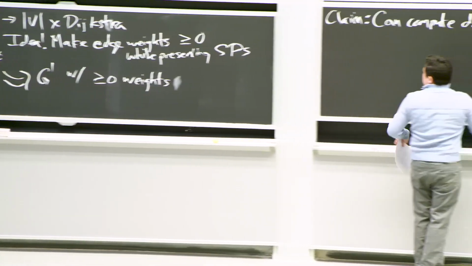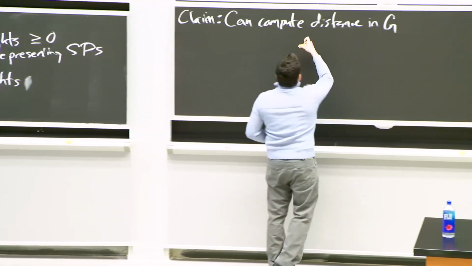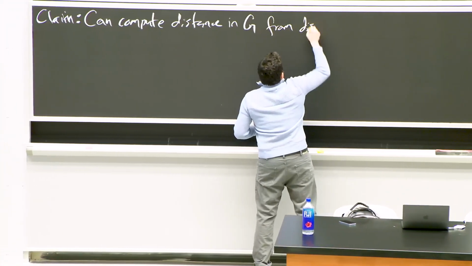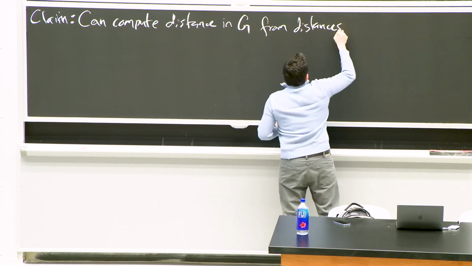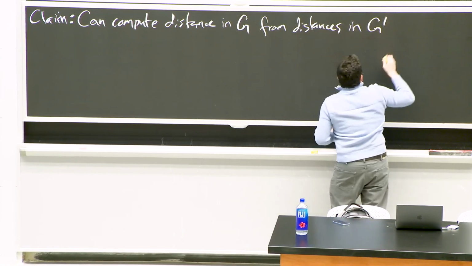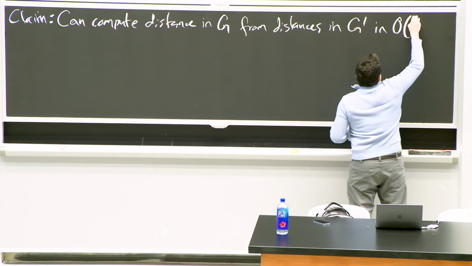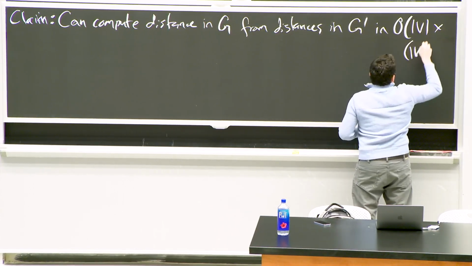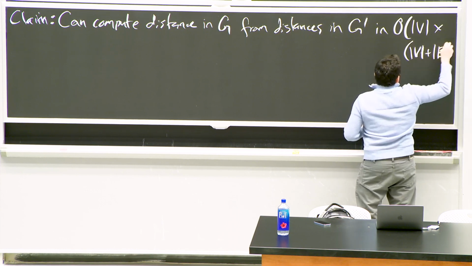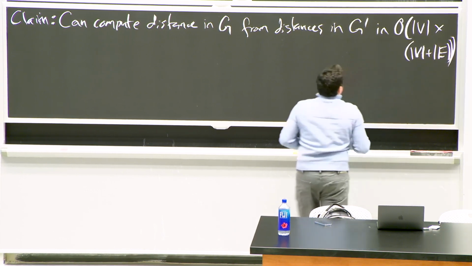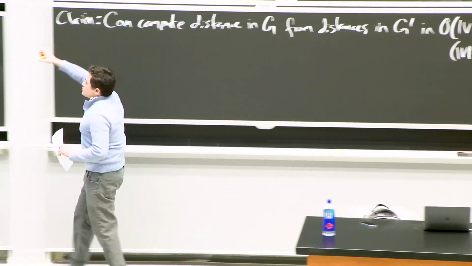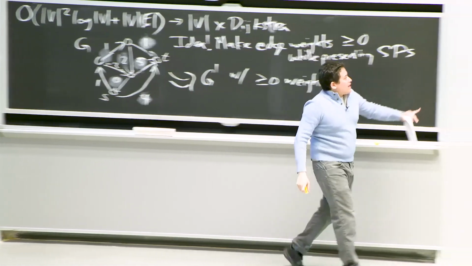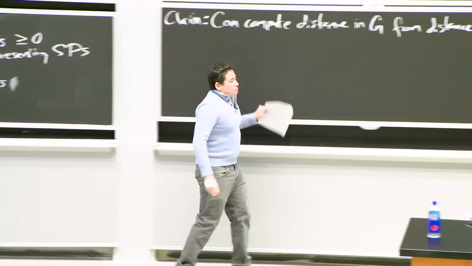If we have such a G prime with non-negative edge weights, we can compute distances in G from distances in G prime in V times V plus E, which is smaller than our Dijkstra running time. This is our Dijkstra running time, and this is smaller than that. So that would be fine, right?